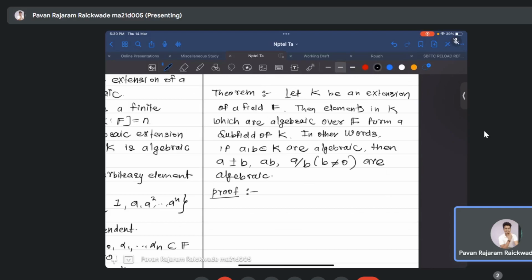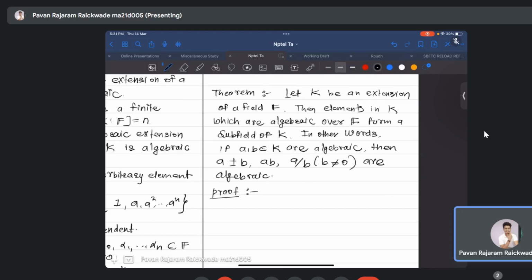But using this theorem also, you collect all algebraic elements in the complex numbers. The collection is a subfield of C, and it's a proper subfield, of course.